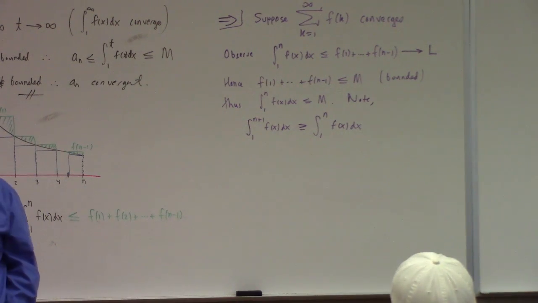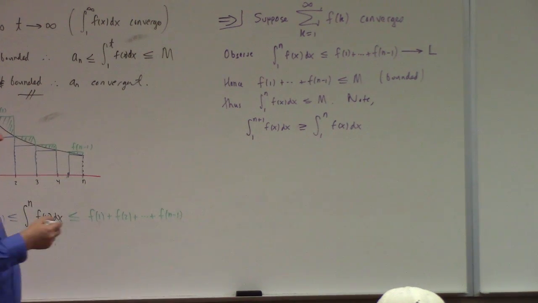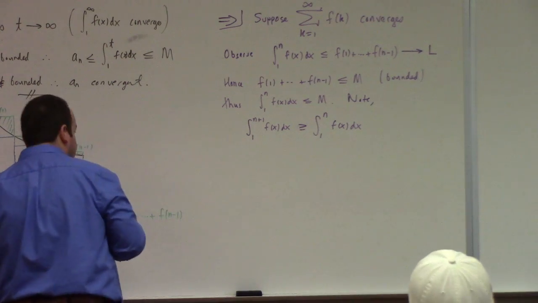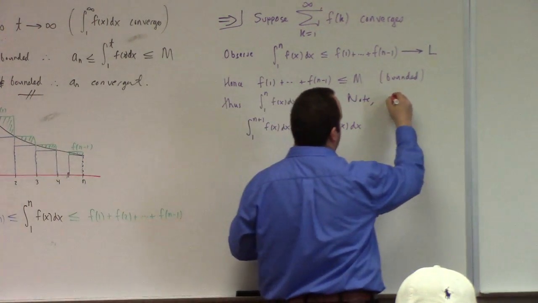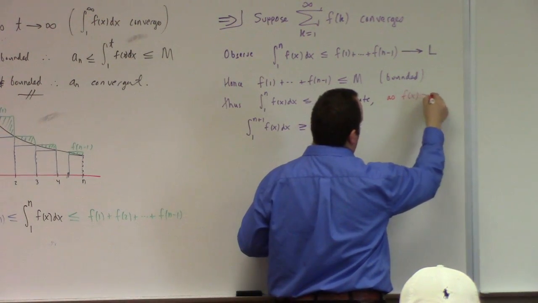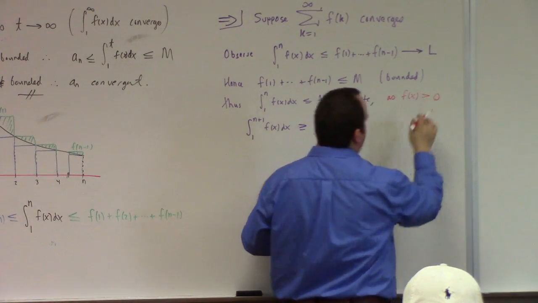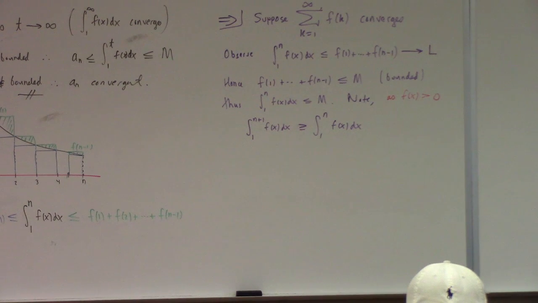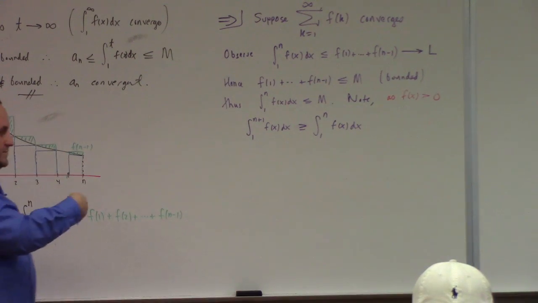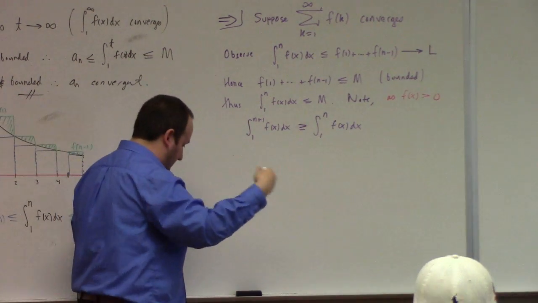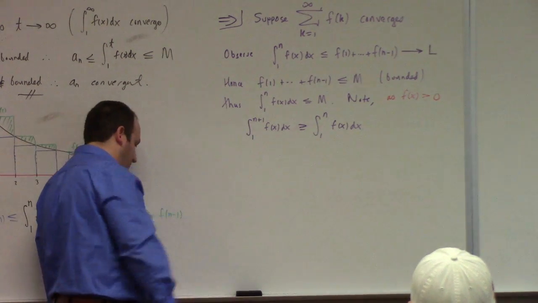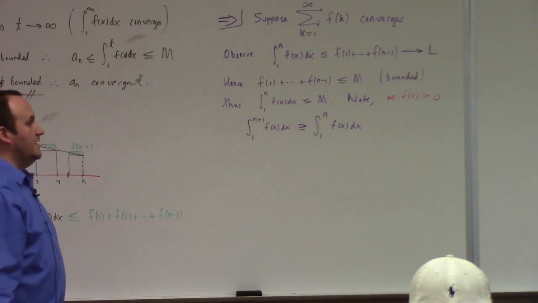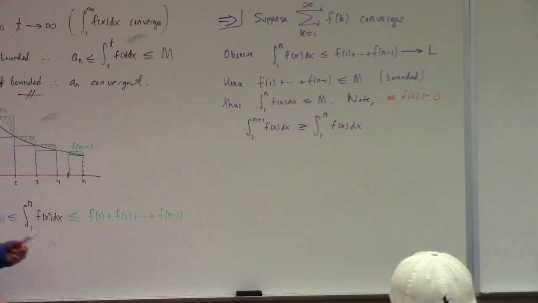Why is that true? We assumed f of x was what? Positive, right? If you integrate a positive function over a larger range, you add things, right? So it's increasing. We have an increasing sequence bounded above. Therefore, by what?